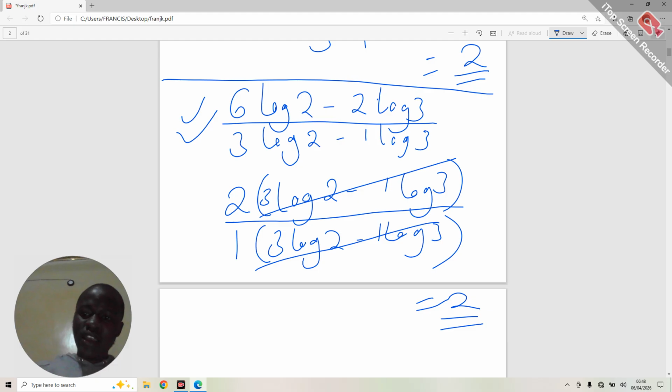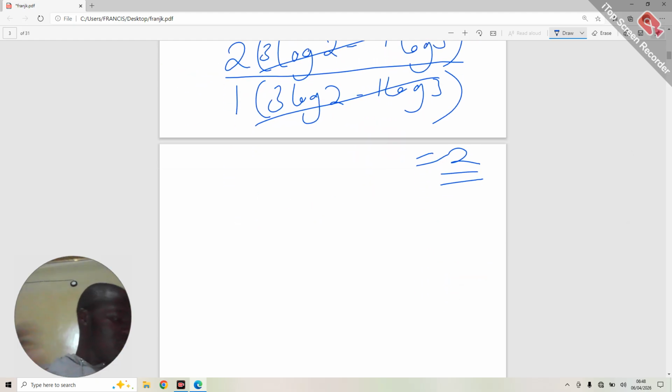Again, in the previous video, guys, I remember telling you that there is no law that combines 3 logs. There is a law that combines 1 log, and there is a law that combines 2 logs. What do I mean by that?